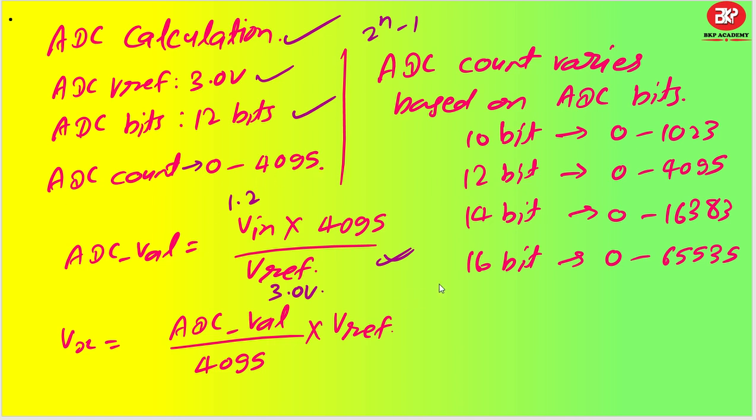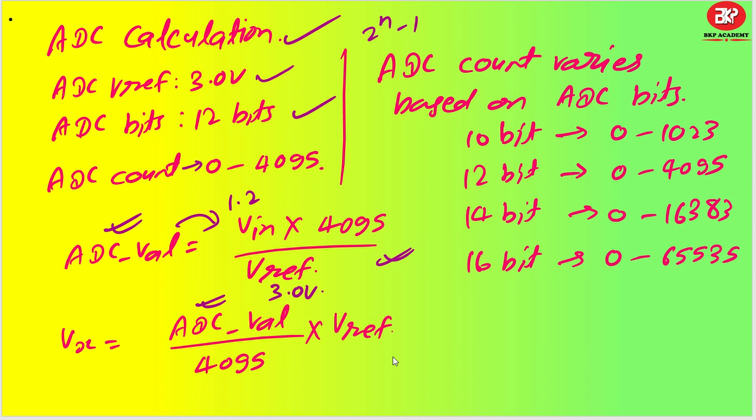Similar to that, your requirement could be, what if I have some ADC value but I want to get back the input voltage, what it was. So let us say that is my Vx value that we want to find out. In that case, we take the ADC count value, divided by the total count for this particular number of bits, that is 4095, multiplied by V reference.